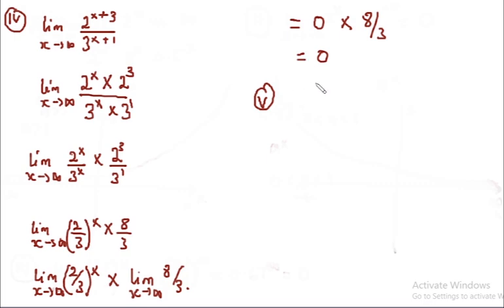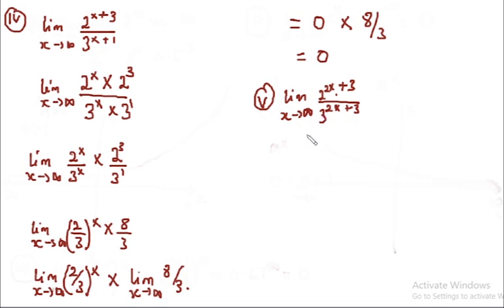Say you're asked to find the limit of 2^(2x+3) divided by 3^(2x+3) as x approaches infinity. Like we did before, we can take the exponents and simplify them.